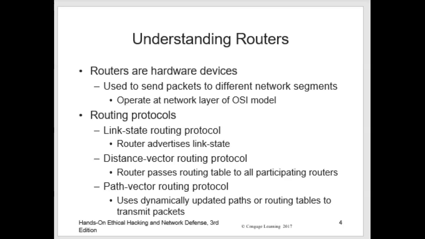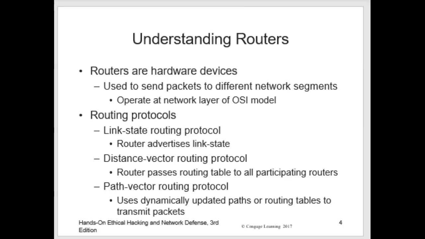Now for routers using a distance vector routing protocol, it passes its routing table containing all possible paths. And it has discovered neighboring routers on the network, right? And so that's another approach.